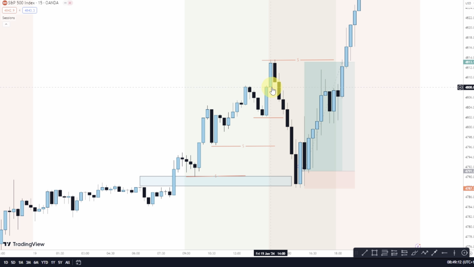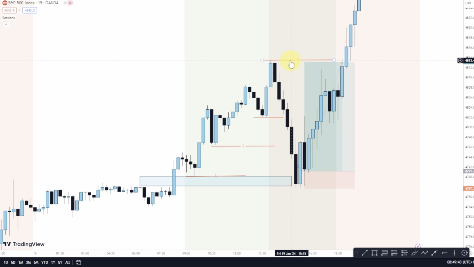It came straight down, each candle not even trading above the other candle, taking out all this liquidity and diving deep into a higher time frame fair value gap. This gives you a clear indication that if price were to reverse, it will have enough power to move to the sell side liquidity.